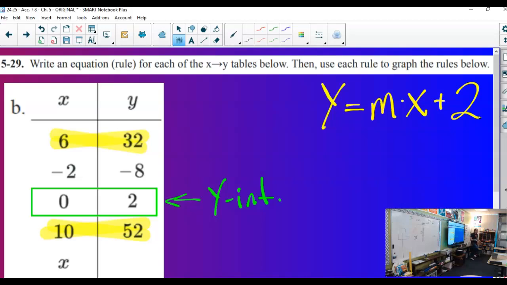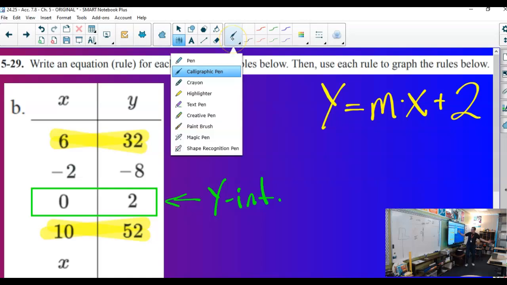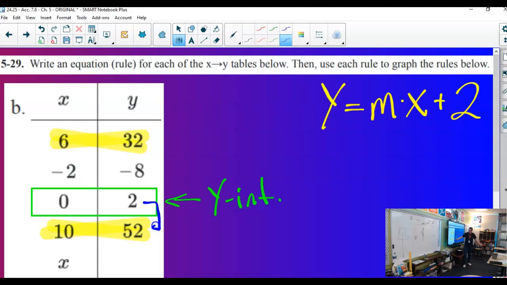I'm supposed to figure out the y-intercept, done, and the slope. Wait, how do we figure out slope? Rise over run. Guys, literally, check this out. Delta y, what is it from 2 to 50? 50. Delta x.